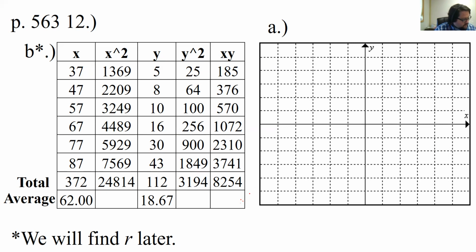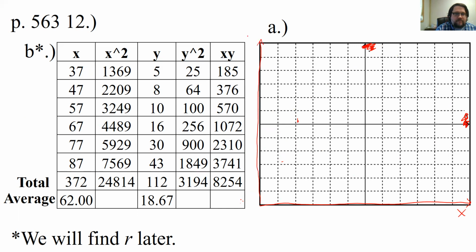So for this, they gave us this data set, and they say for part A, do a scatter diagram for this. Now, looking at these, all these are obviously positive values. So maybe I don't need this here. I'm going to scratch these out, and I'm just going to make the whole thing quadrant 1, right? So this is going to be my x-axis, and this corner will be my y-axis.